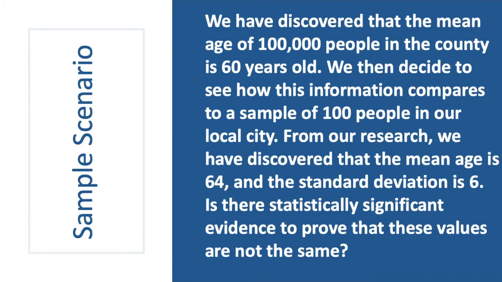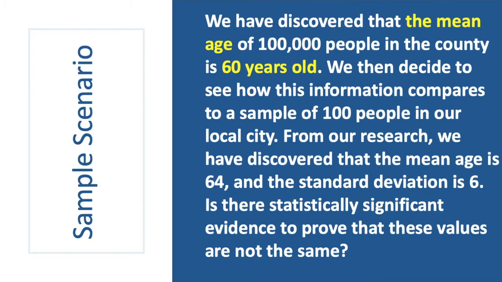So the first thing that we want to do anytime we're presented with a scenario like this is pull out the numbers of interest. So let's look at the first. The mean age of 100,000 people in the county is 60 years old. Again, this data represents our population because we're looking at the county, which is a much larger population, if you will.